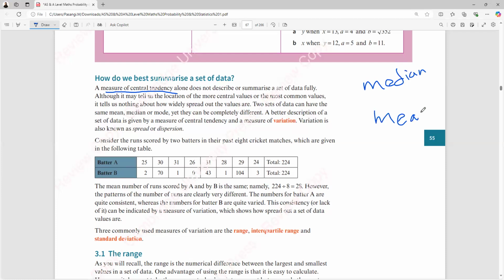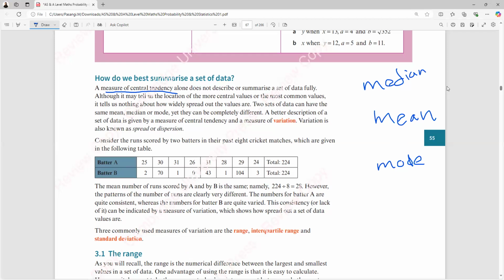But these are single values representing the whole data set. Actually, it's not good, right? We can't normally represent that entire data through a mean, a median or a mode. It's not ethical, though we did it.